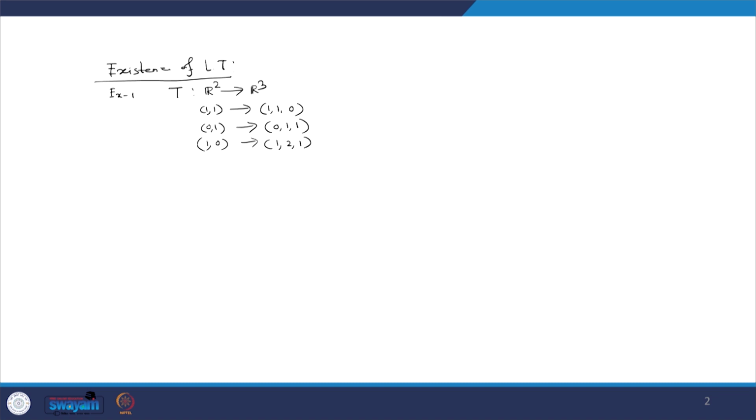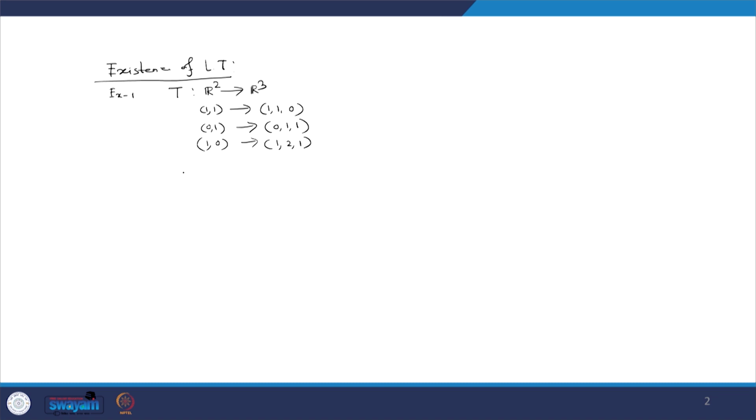So, my vector space V equals R2 and W equals R3. R2 means the set of all 2-tuples, you can say the xy plane. R3 means the set of all 3-tuples, that is my Euclidean space.